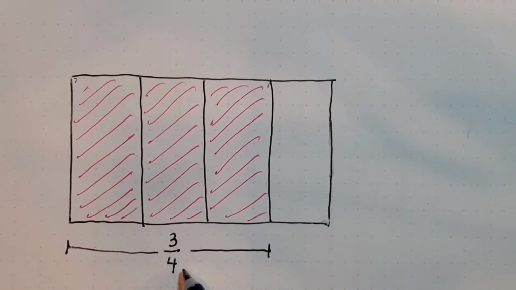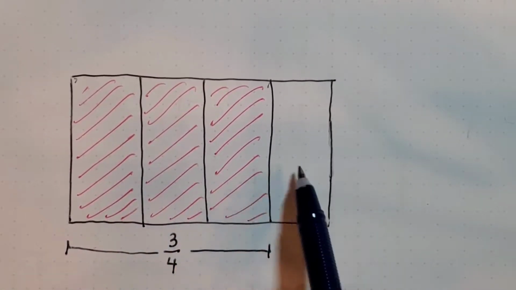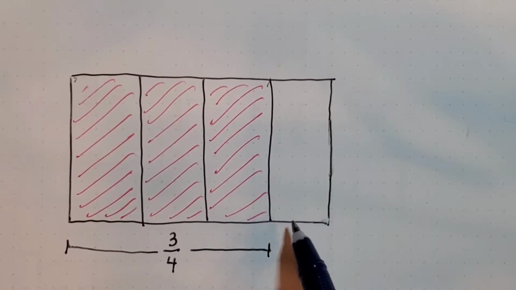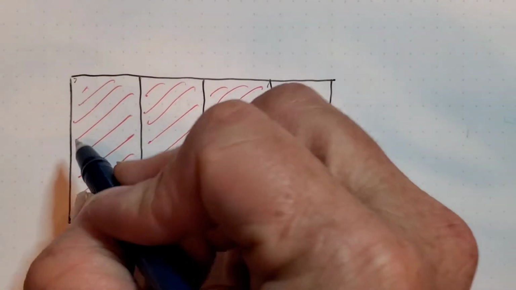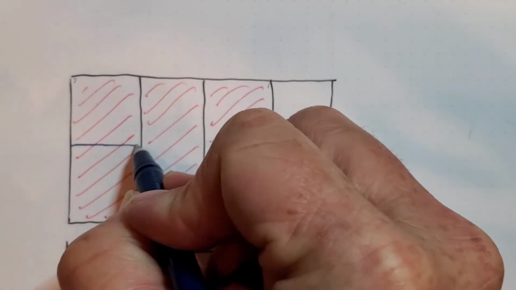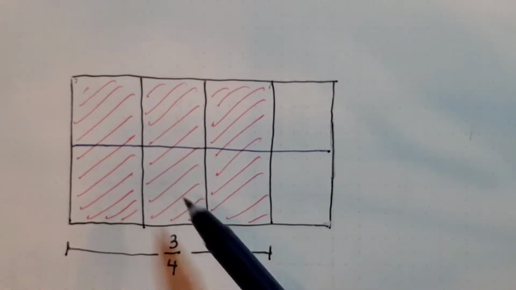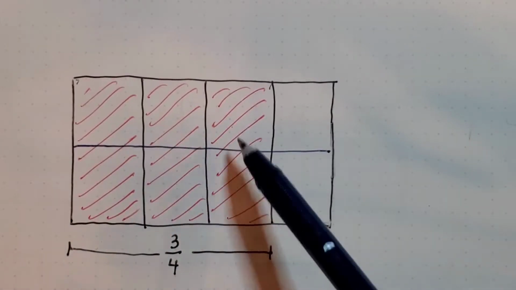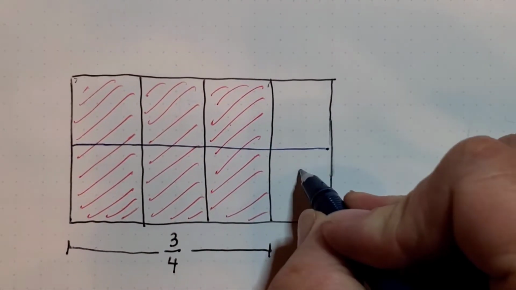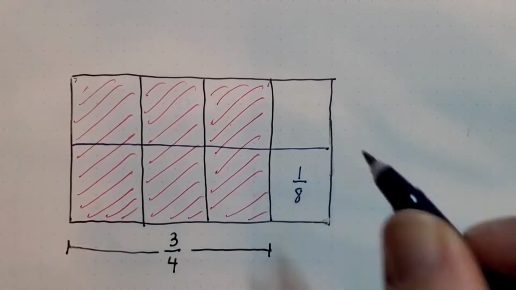But I want this to be an 1/8, which means I need to have 8 equal sized pieces instead of 4. And the quickest way of doing that is to partition this right down the middle. Now you can see I have 8 equal sized pieces, and each of these is now 1/8.